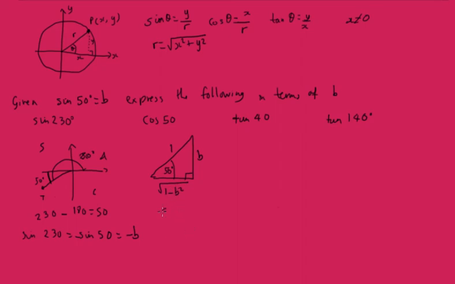So the cosine of 50 must be equal to 1 minus b squared square rooted over 1, which is the square root of 1 minus b squared.